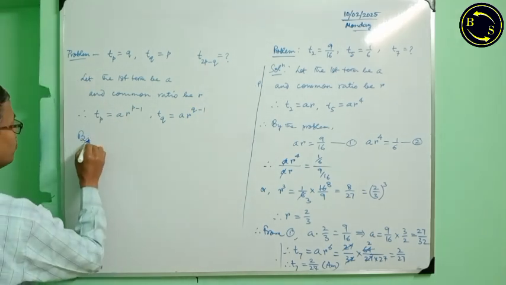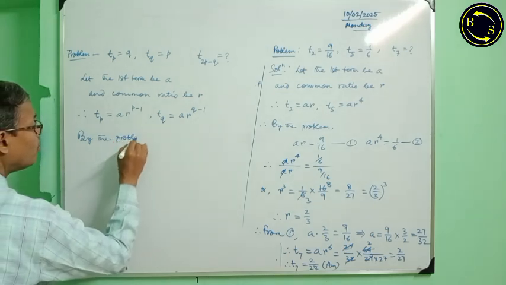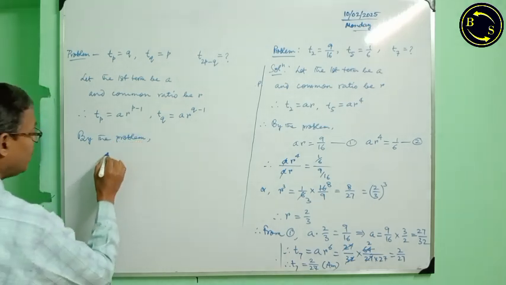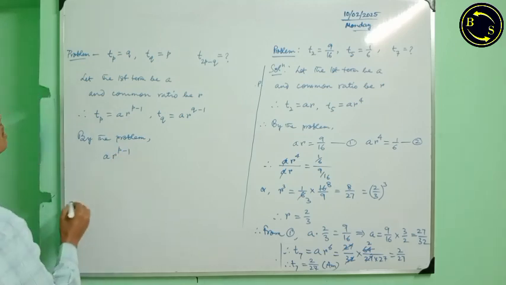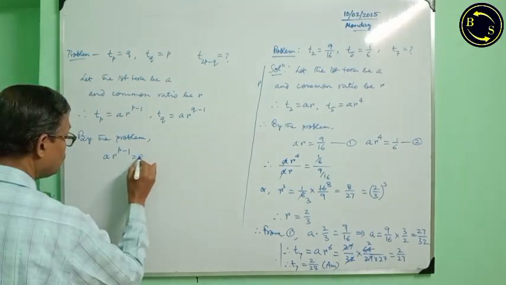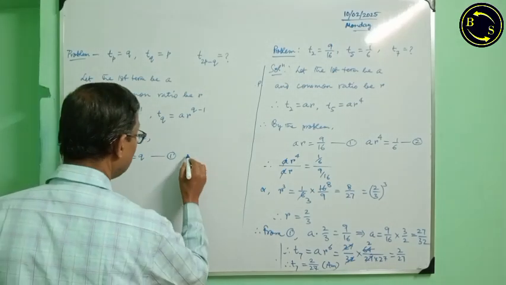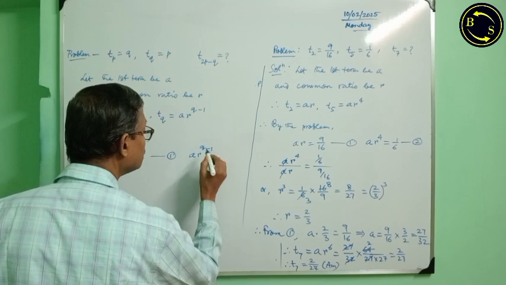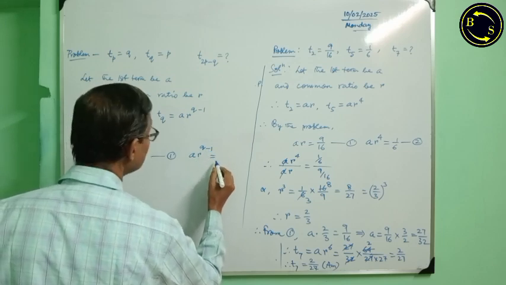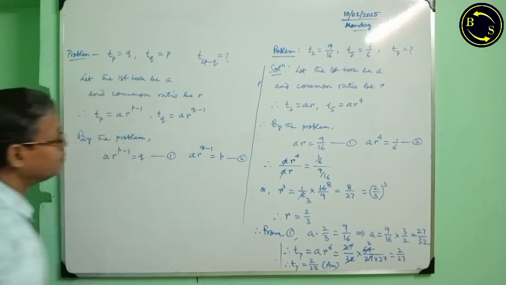By the problem, A R to the power P minus 1 is equal to Q. This is number 1 equation. And A R to the power Q minus 1 is equal to P. Number 2.